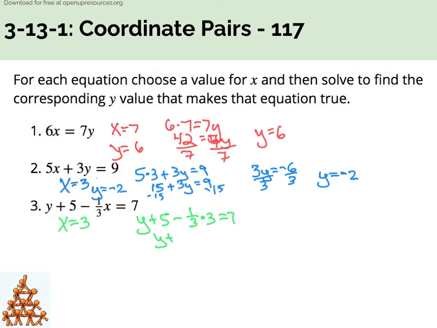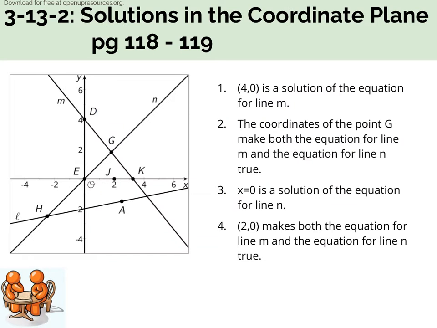So we're going to have y plus 5 minus 1 equals 7. 5 minus 1 is 4, so y plus 4 equals 7. What number plus 4 equals 7? So y equals 3. So these are different numbers that we put into the equation, and it makes both sides true.